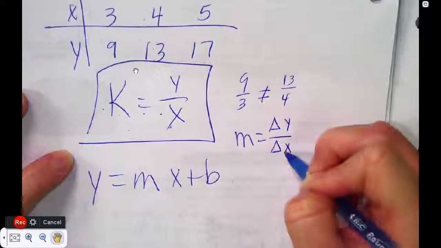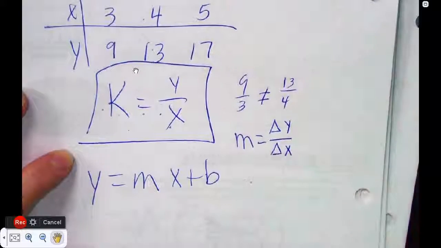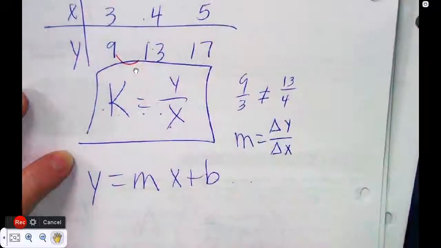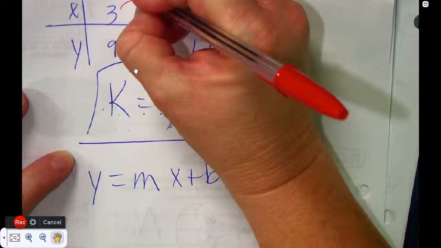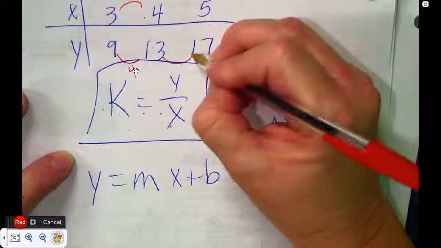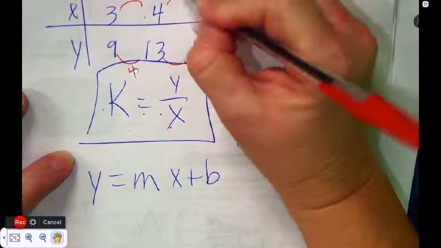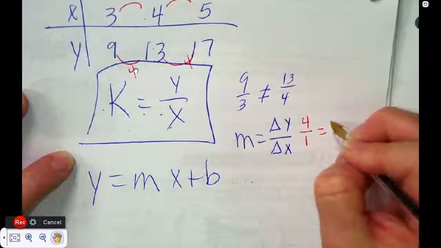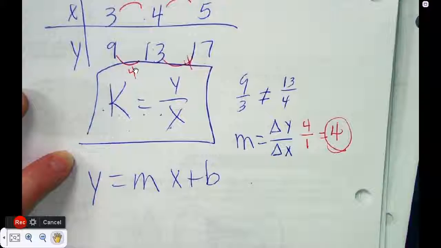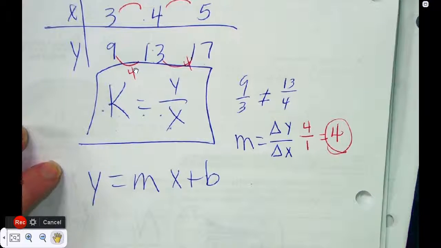Go get the slope. Change in y over change in x. What is the change in y? 4. And the change in x? 1. So 4 over 1, which is 4. What is 4? The slope.